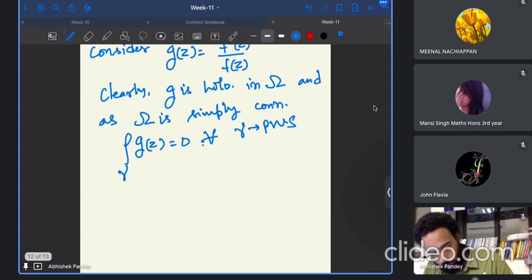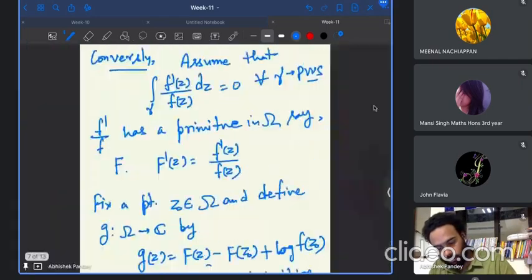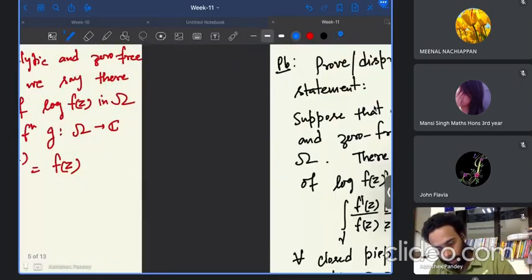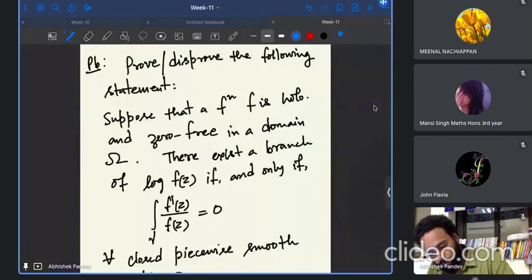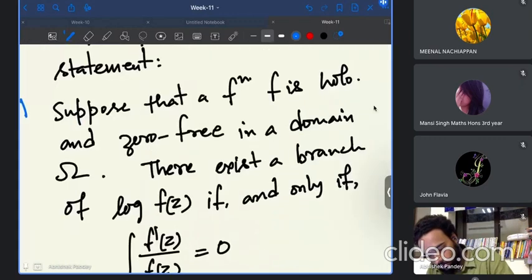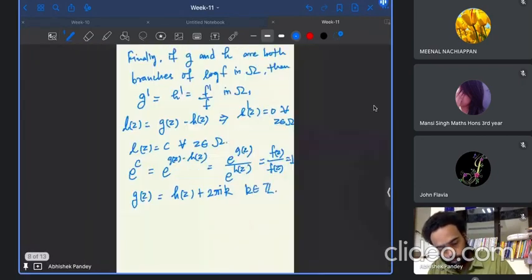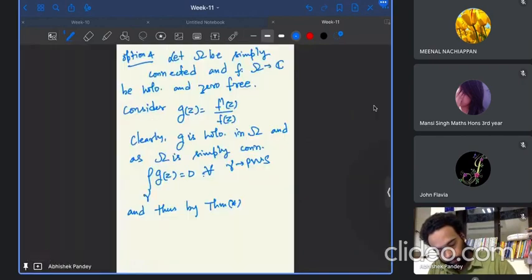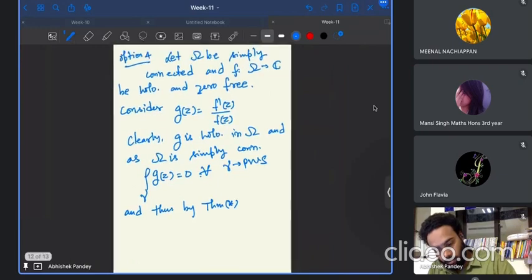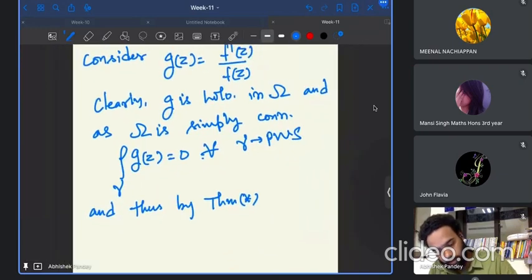So what we have proved? By this, let us call this one star, by theorem star, log of f exists.